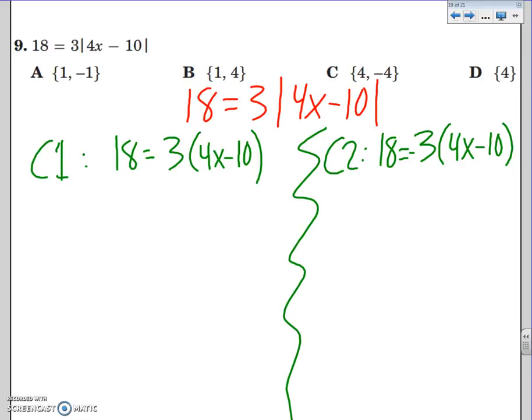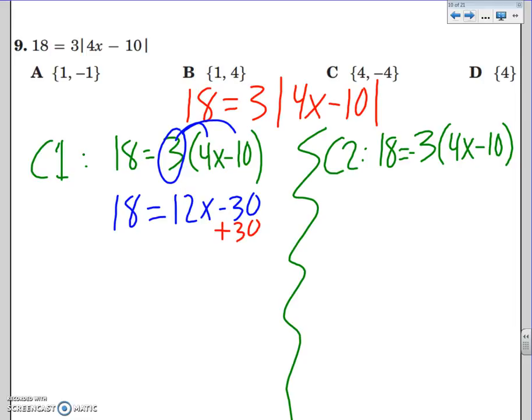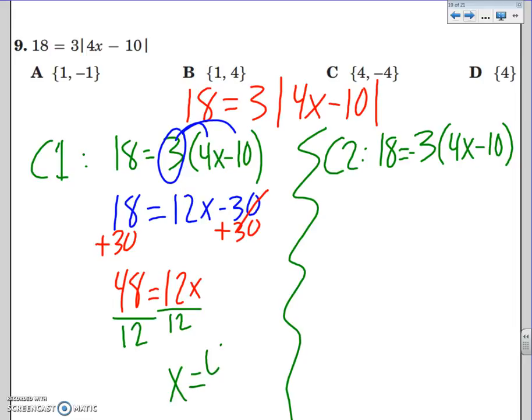Alright, solve each one. Distribute here. Distribute here. This is a negative 3.